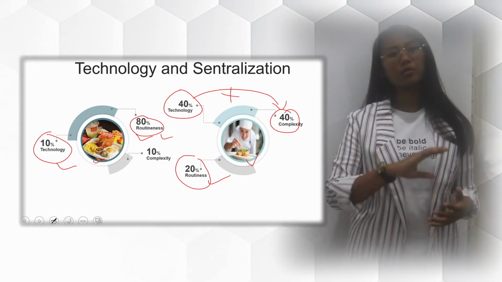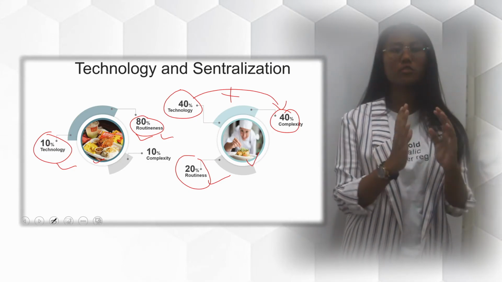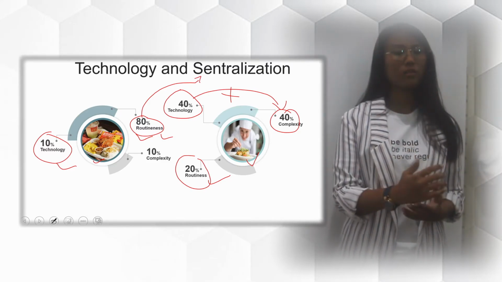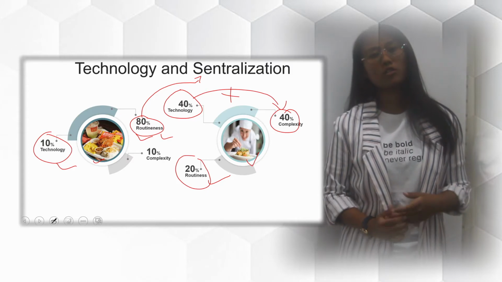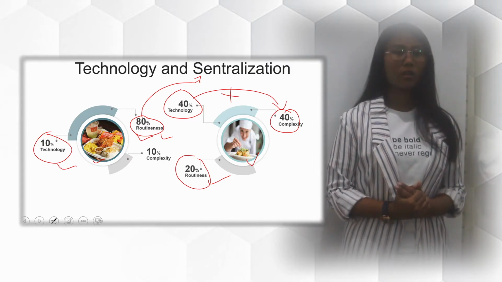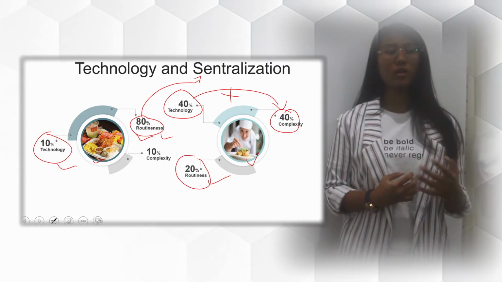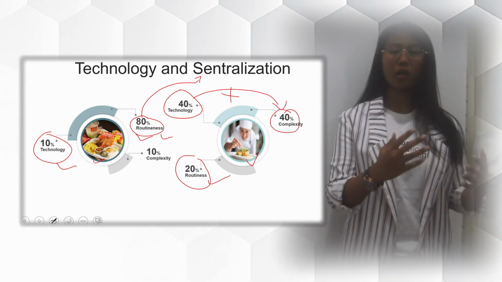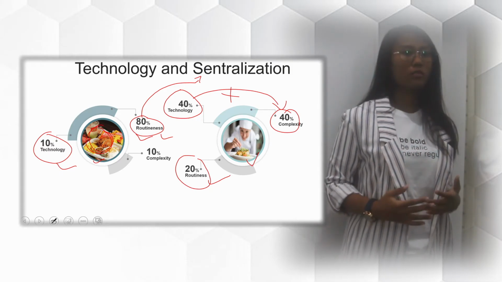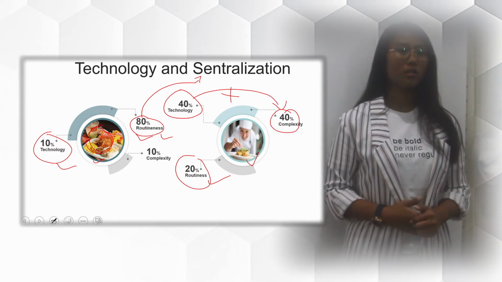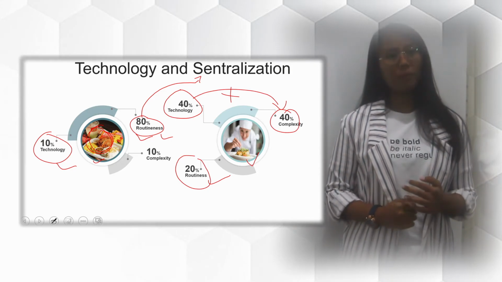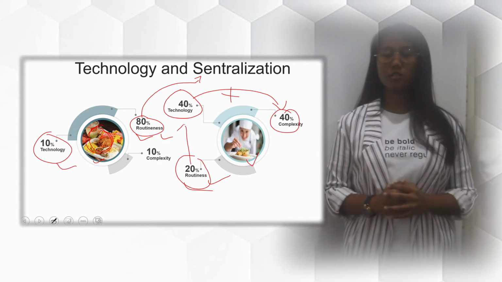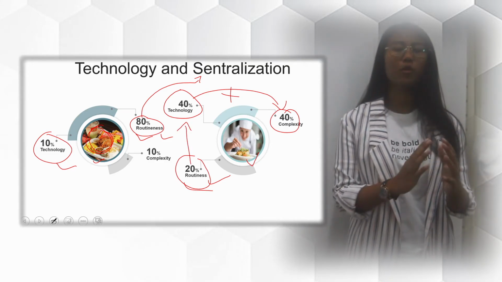So when the routineness is high, it is more centralized because the managers know how to make that food and how the workers should do their job. The managers understand that, so they can make decisions on what to do and what way to make the food more efficient and effective.